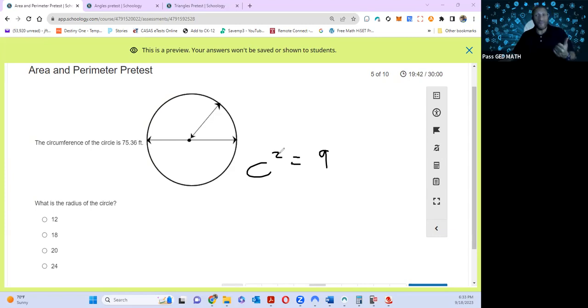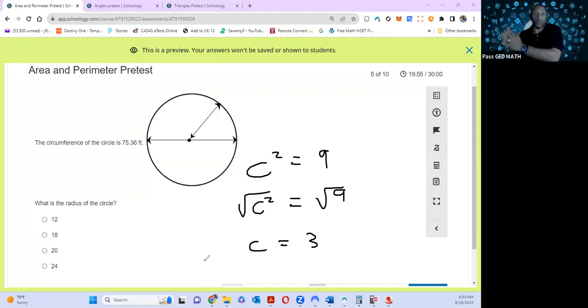You have to know the inverse operation, the opposite operation, which is square root. So I'll take the square root of both sides. I get C equals 3. Each algebraic equation is different, so you might have to take a different approach to solve a problem.